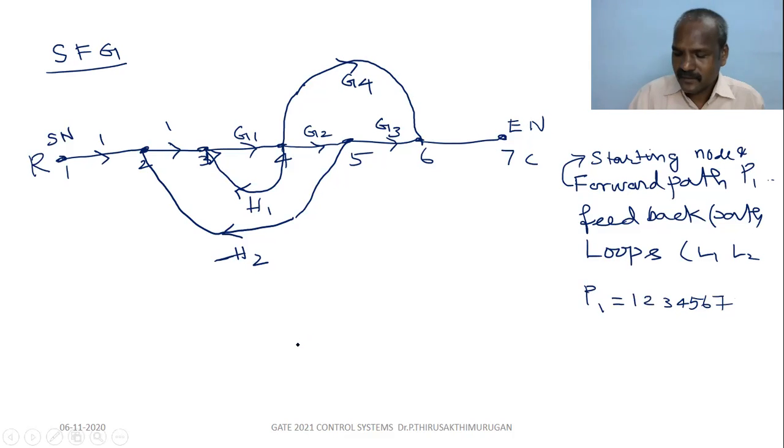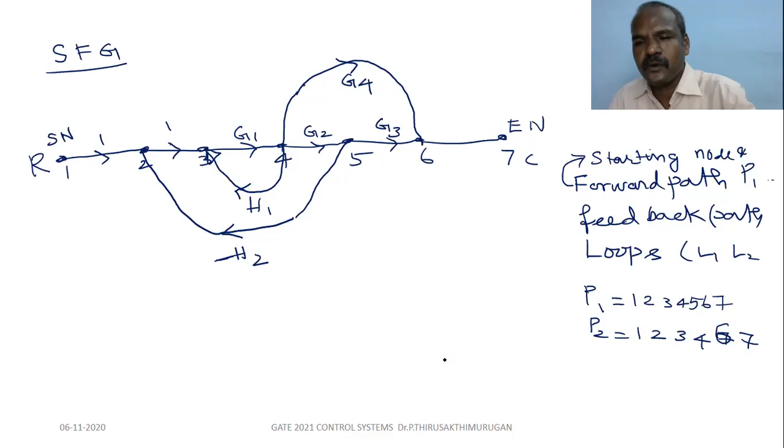To go to a place, there are many ways. Similarly, I am finding one way: 1, 2, 3, 4, 6, 7. So I am skipping 5, right? So another forward path, P2, equals 1, 2, 3, 4, 6, 7. So there are only two possible forward paths here.